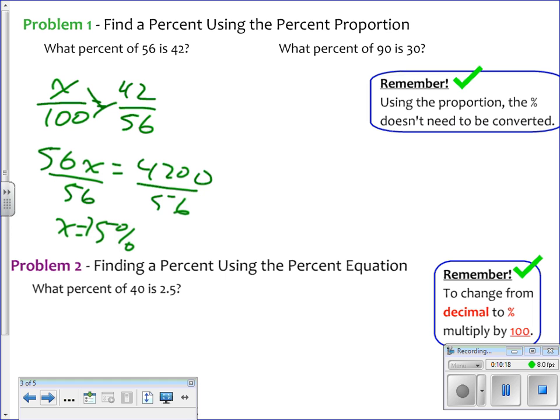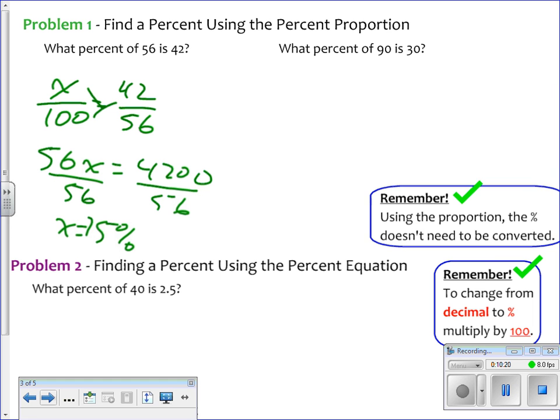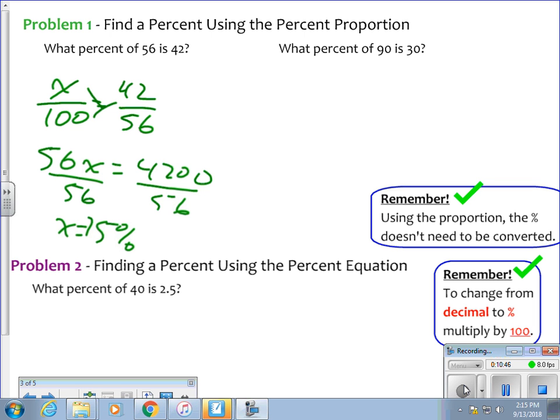As a matter of fact, do that one. Set that one up as a proportion and solve it. What percent of 90 is 30? Okay, so we set this up the same way.